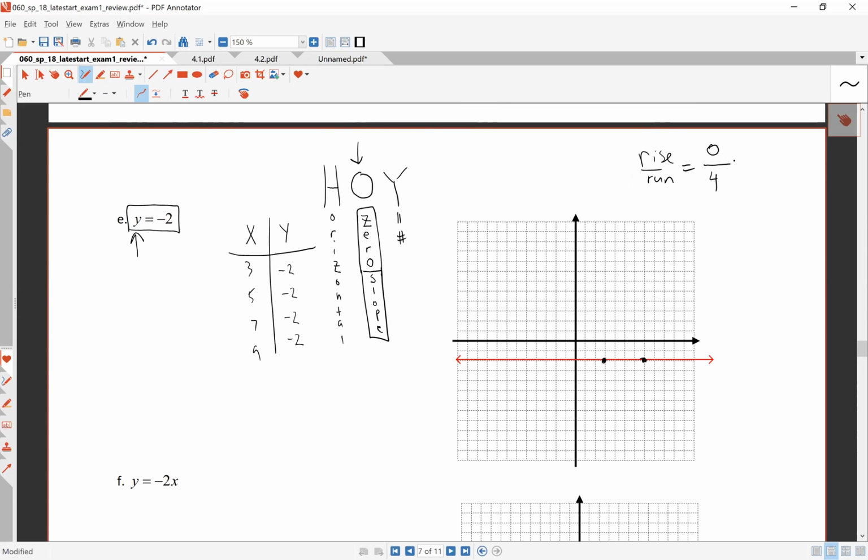And the rise is 0, and when you have 0 in the top, 0 divided by 4 is 0. So we say that horizontal lines have equations that are always y equals a number, and their slope is 0.